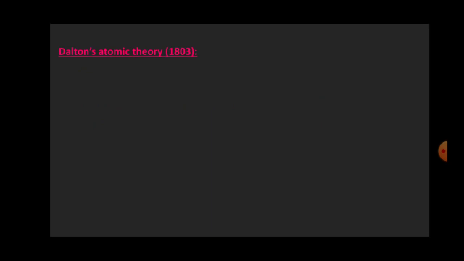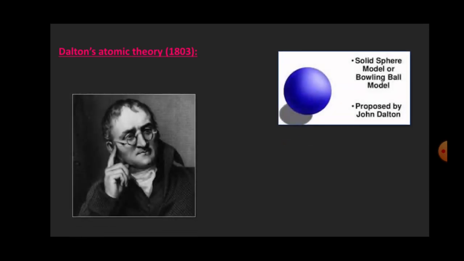Now, the very first one was given by Dalton. The scientist's name was John Dalton. He was a British scientist, and in 1803 he gave Dalton's atomic theory. According to this theory, matter is made up of atoms, and atoms are indivisible and indestructible.